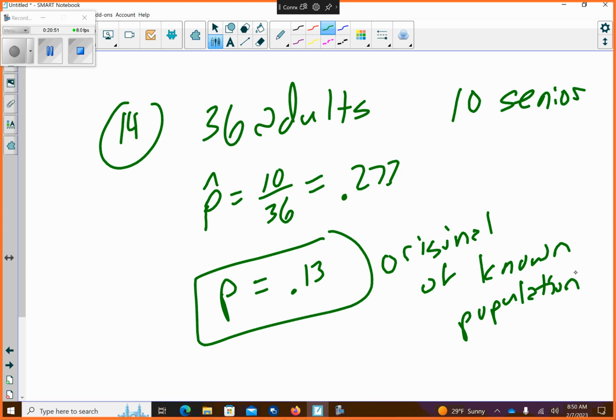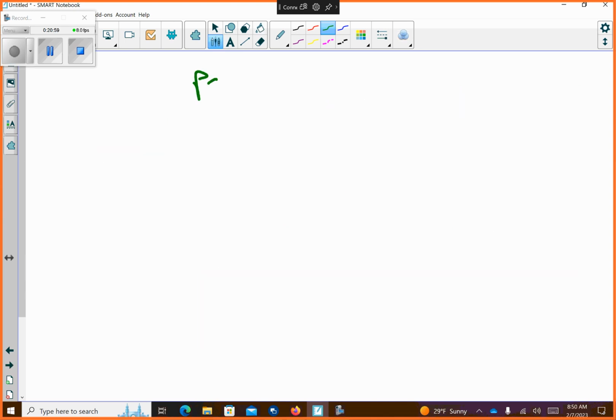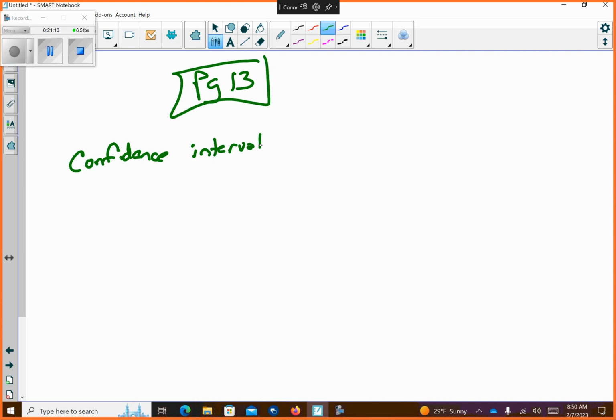All right, I am on page 13 of your notes. We're going to get into something called the confidence interval. Think of a confidence interval as this.